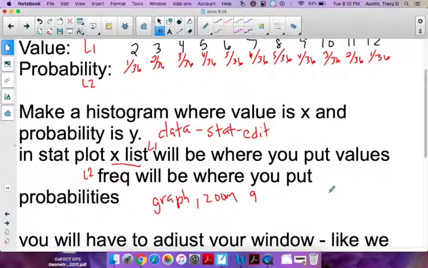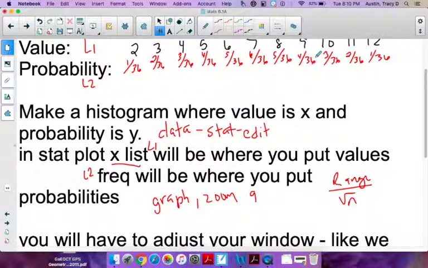If you don't remember, when we were doing the histograms before, it was always the range divided by the square root of n. Okay, for a probability distribution, we're going to go by the numbers that we actually have. So you want your lowest X value and your highest X value to be based on your outcomes. Okay, so your X min and your X max.